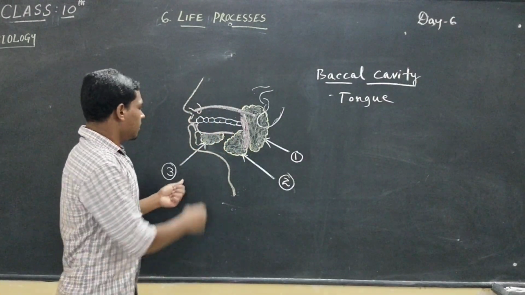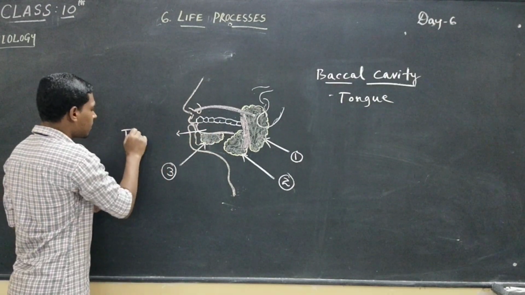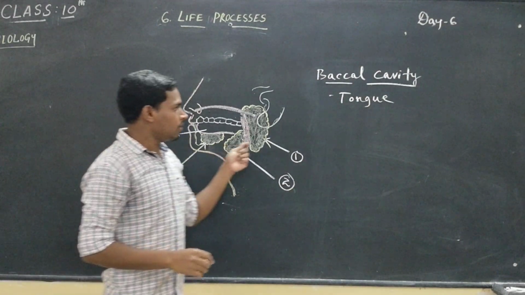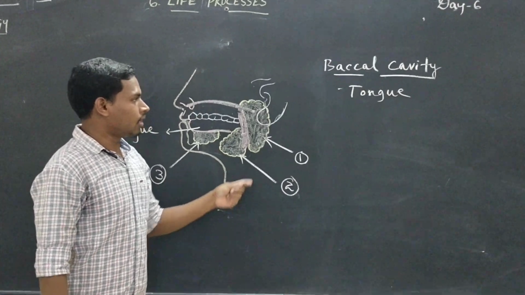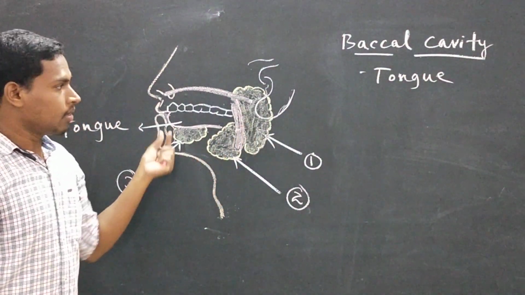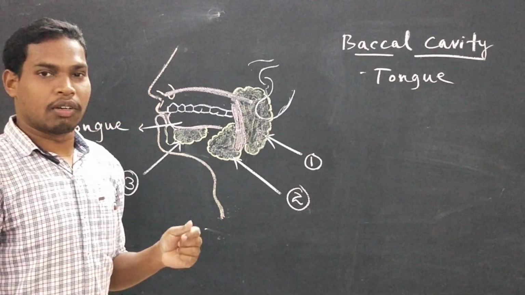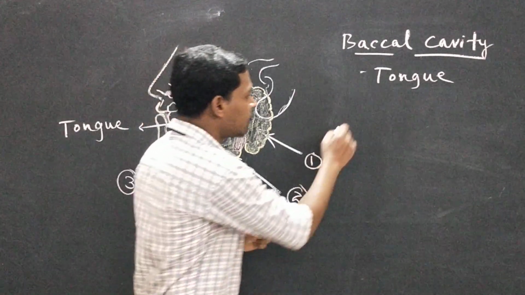Okay, this is the tongue, and we have some functions of the tongue. The tongue has what? Taste buds. Those taste buds are known as chemoreceptors.